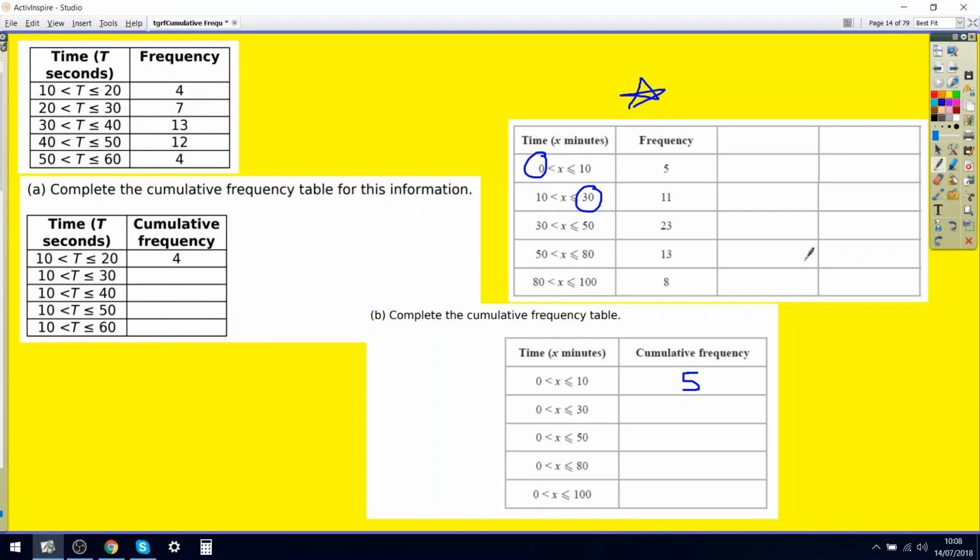Yeah. And so the next one is 0 to 50. 39. Yeah. 52. 60. That's it.